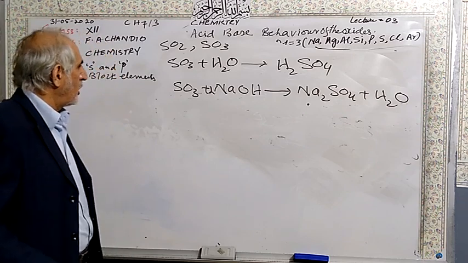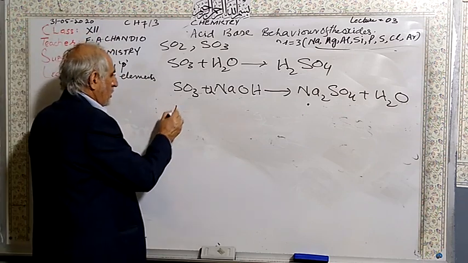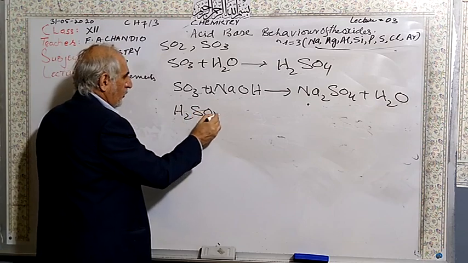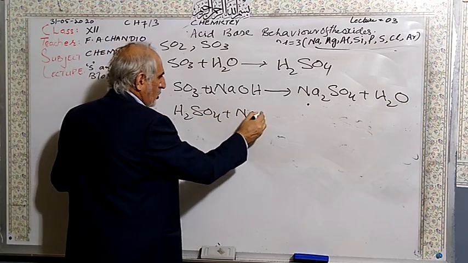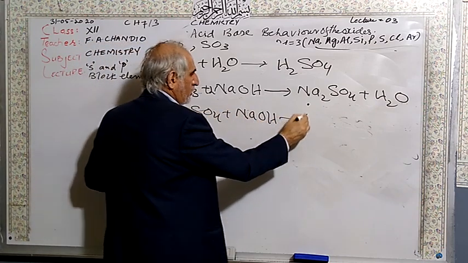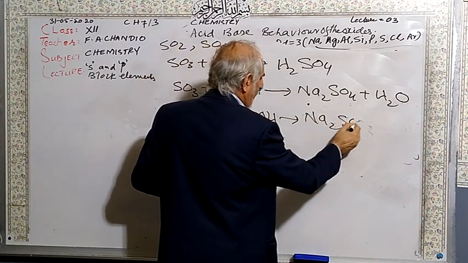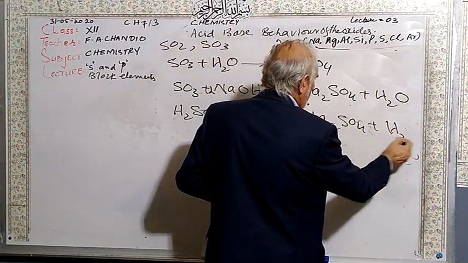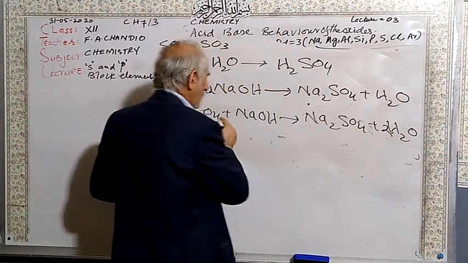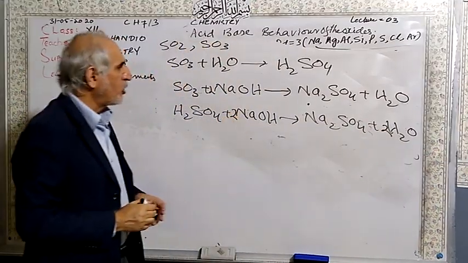So you can use sulfuric acid, sodium hydroxide, to get sodium sulfate and water. This is a complete neutralization.